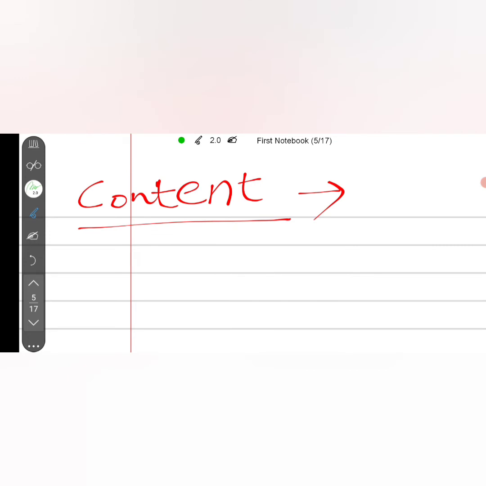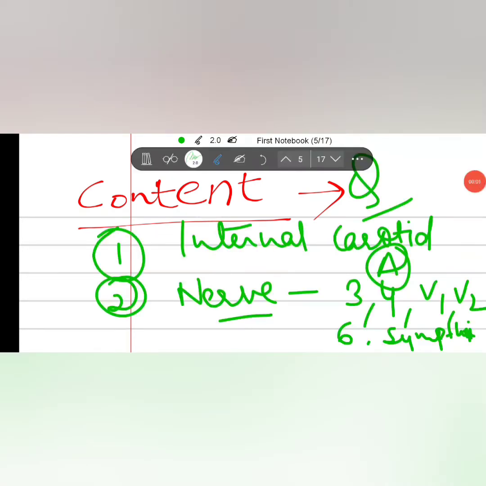Now the contents: one major artery that supplies the cranial cavity, that is the internal carotid artery, and second are nerves: the third oculomotor, fourth trochlear, V1 division of trigeminal, that is the ophthalmic nerve, V2 division, that is the maxillary nerve, and the sixth nerve, that is the abducent nerve.